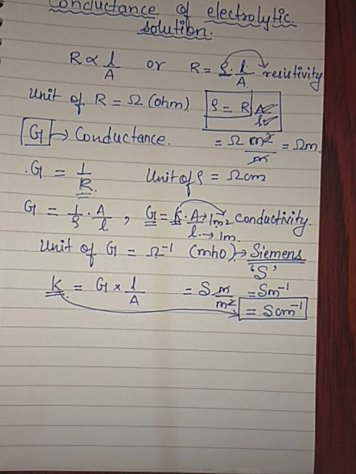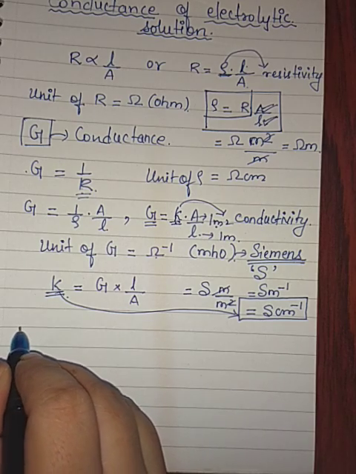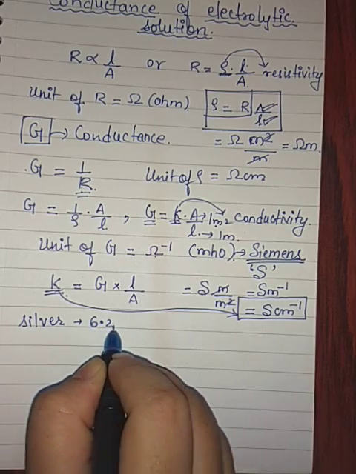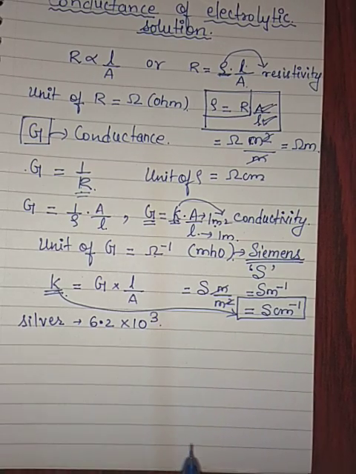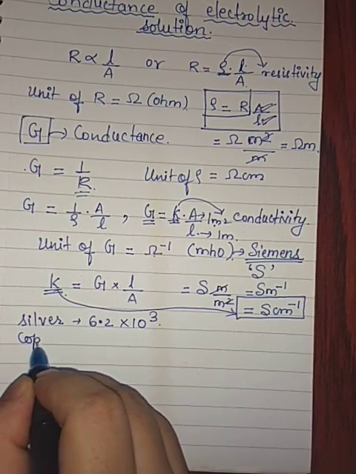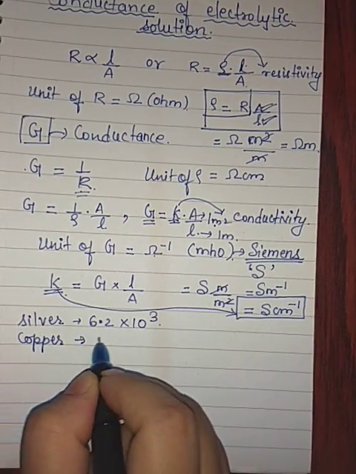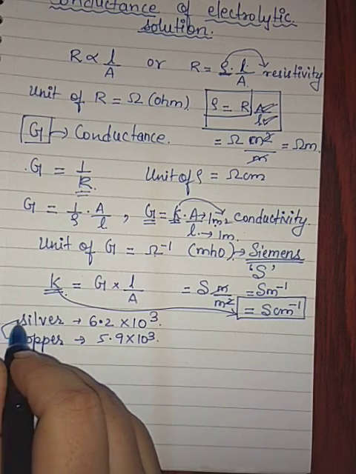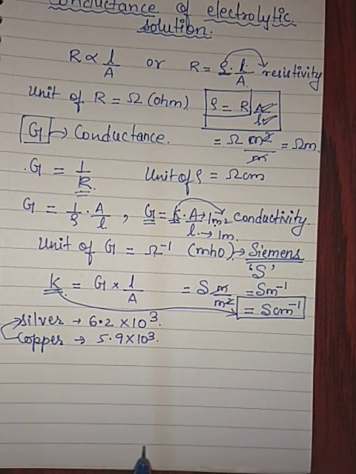For metalloids, it's in between. So their conductivity can be increased by some or the other methods. Okay, I'll just give you one example, that is conductivity of silver is 6.2 into 10 raised to 3. Copper is 5.9 into 10 raised to 3. So you can say silver's conductivity is slightly higher than copper.